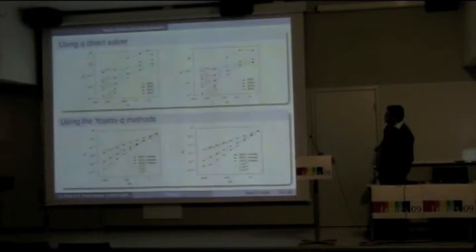And here you have some convergence slope in time for either the direct solver or the Yoshida method. So we recover all the expected convergence order with this high order ALE map that we proposed.